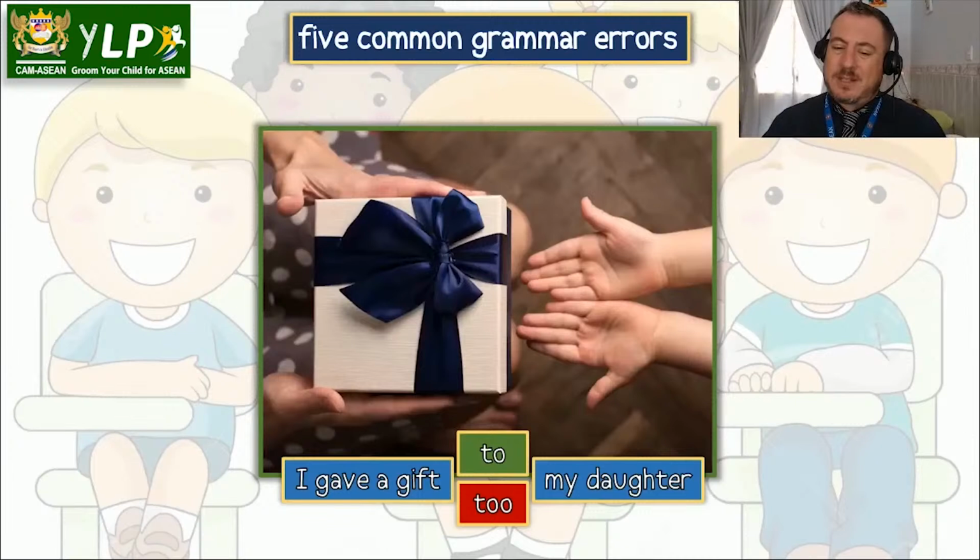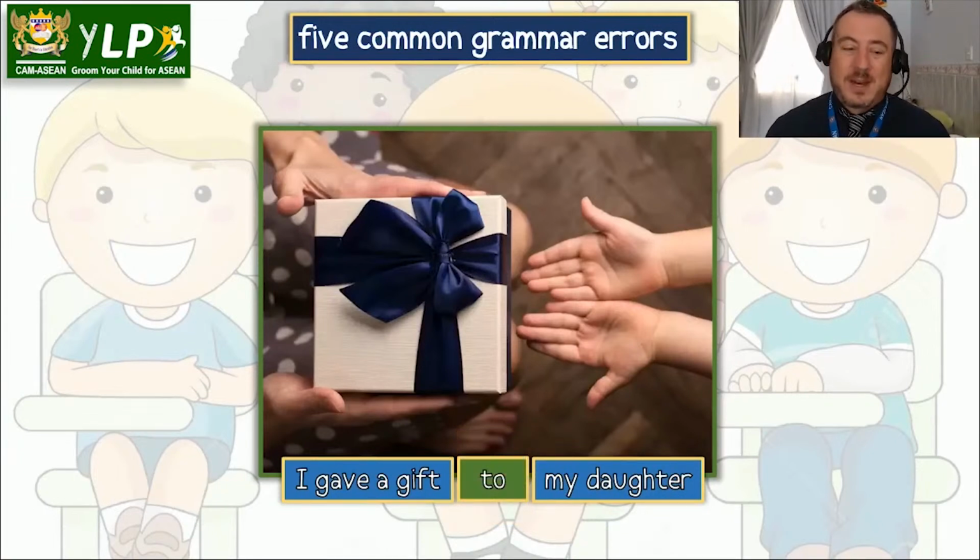That doesn't make sense. Does it mean too much? I gave a gift too much, my daughter? No, that doesn't make sense. He's giving the gift in a direction from him to his daughter. He's talking about the direction that he's giving the gift in. So it must be the green. I gave a gift to my daughter.